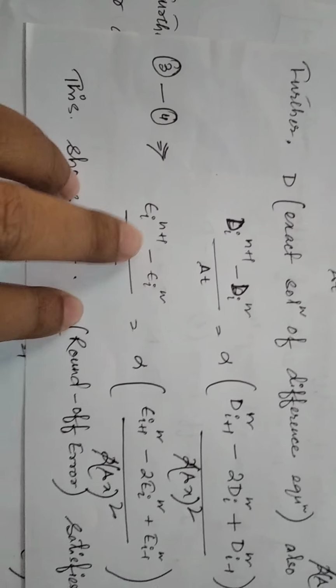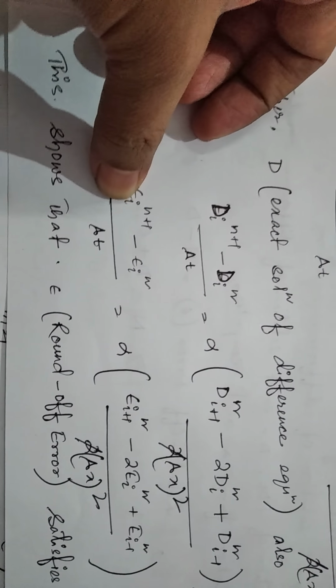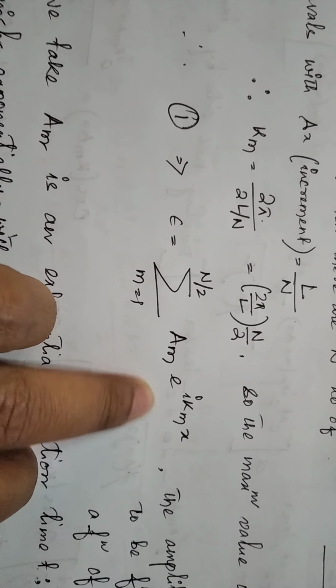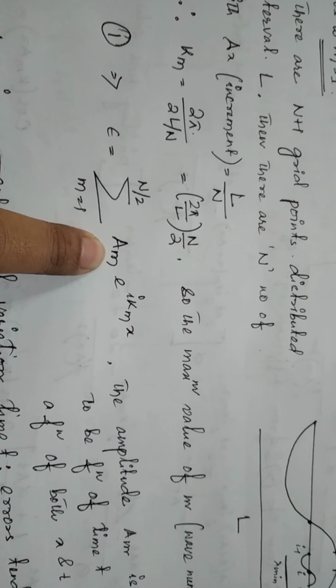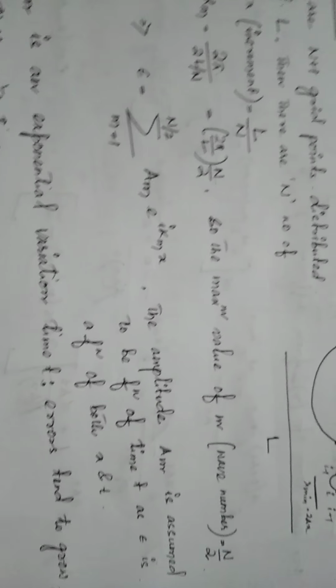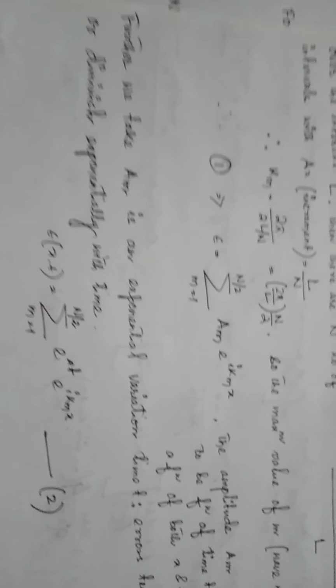Now again, if you look at this error, it depends on two variables: i related to your x, and n related to your time t. So the function of x is there, and this part, the amplification or amplitude, must be a function of time t, because your ultimate error is a function of two variables, x and time t.